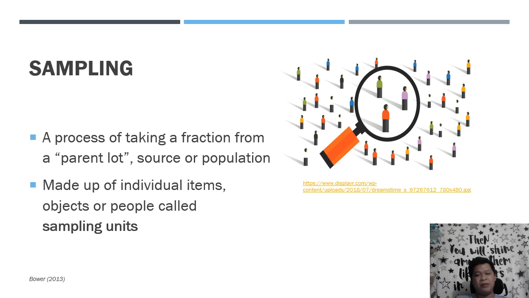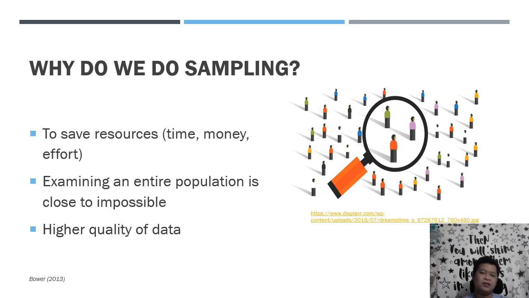Sampling is taking that subset and using them to test whatever hypothesis you have, or to know whatever data you want, and infer the population mean value, for example. This is done to save resources and because it's nearly impossible to test the whole population.